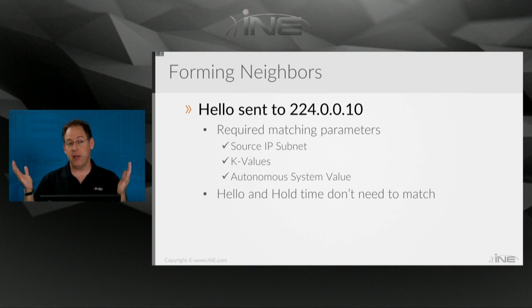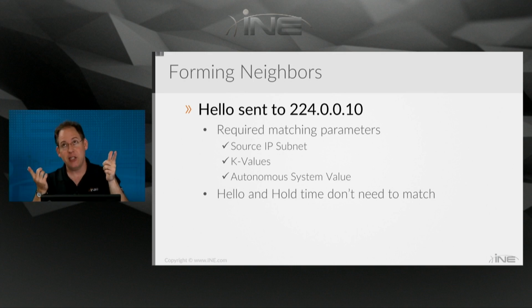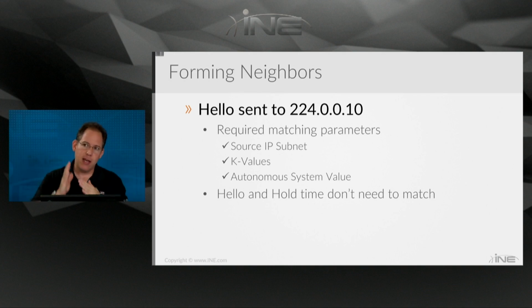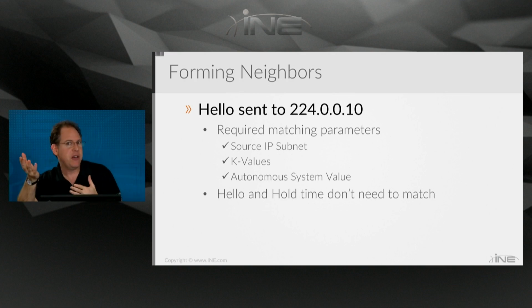They just assume that if I hear from another RIP router, RIP is an IGP, therefore that guy must be in the same autonomous system as me. Or in the case of OSPF, I just got an OSPF hello from somebody. Well, OSPF is an interior gateway routing protocol, so I'm just going to assume he's trustworthy and he's in the same autonomous system as me.